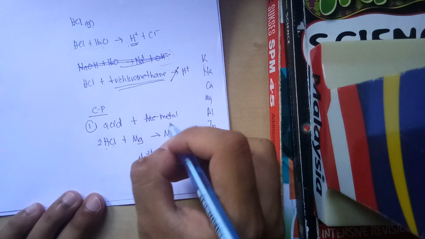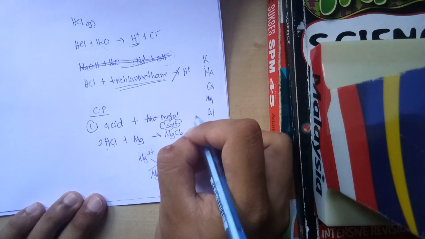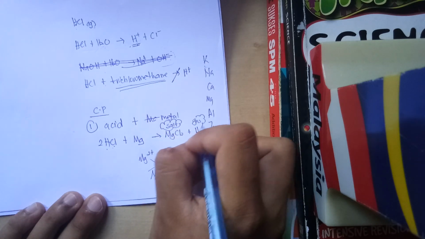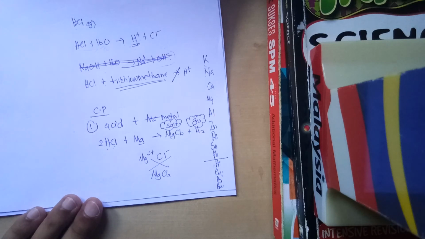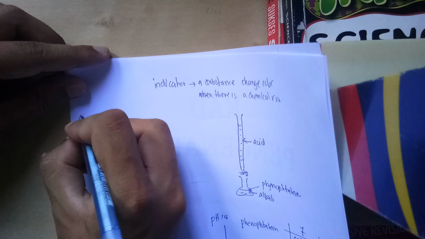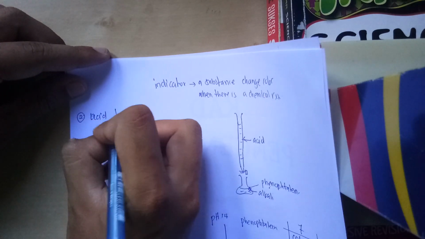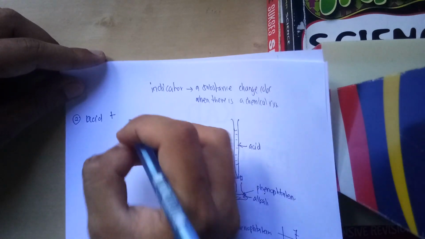Acid plus metal will produce salt and hydrogen gas. This is the first property of acid. The second property of acid is, for example, that acid can react with metal carbonate.